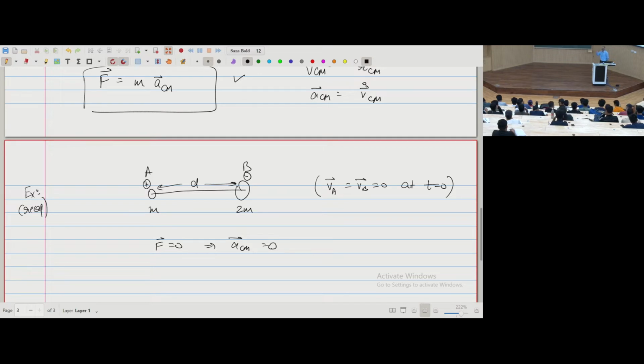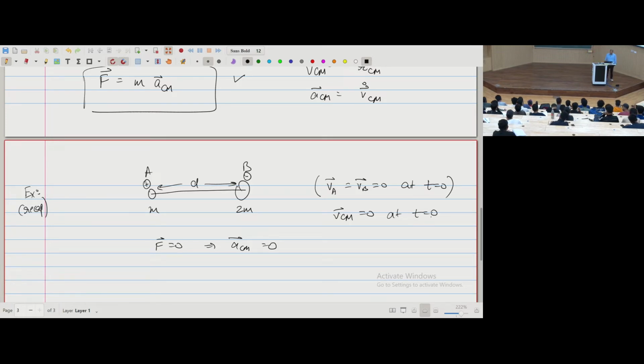I mean velocity of the particles. So that means the velocity of center of mass was also 0 at t equal to 0. So since acceleration of center of mass is always 0, that means the center of mass does not move, and since the particles will ultimately collide, they will meet at that point.